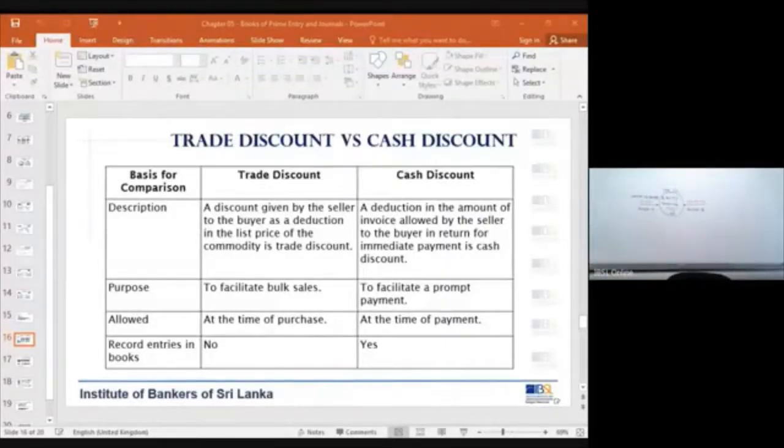If you are paying in cash, you can get this television at 78,000 rupees. Whereas buyer B goes and asks for 50 units and wants to negotiate on this price.